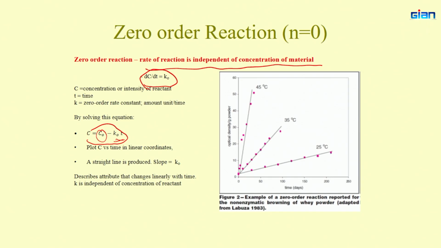For example, non-enzymatic browning of whey powders follows zero order reaction, and for each temperature you are going to have a certain K value. So, you can get that value.